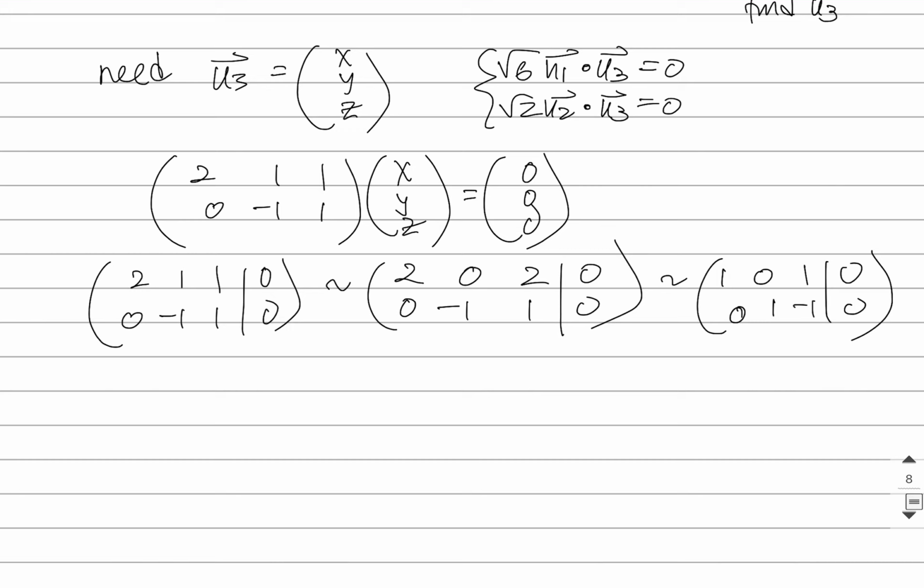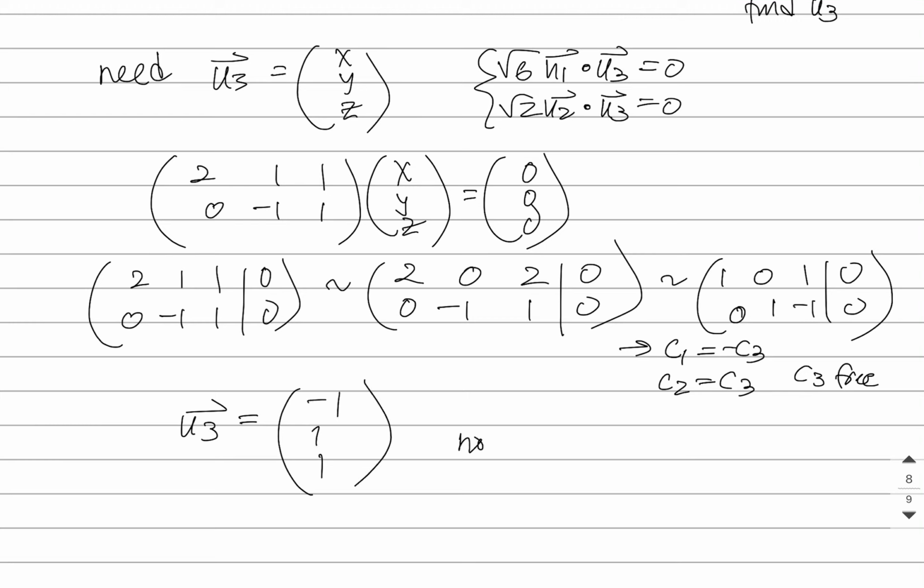And we should find very easily that C1 is negative C3, and C2 is C3, and C3 is free. And so what you'll find in a very straightforward way is that this U3 is just going to be a 1, and a negative 1.